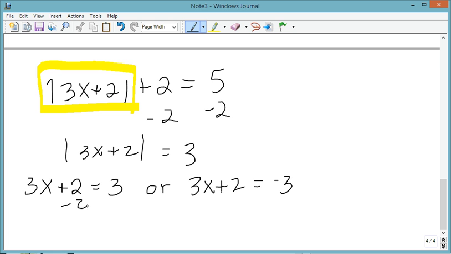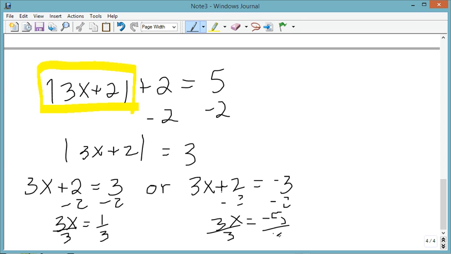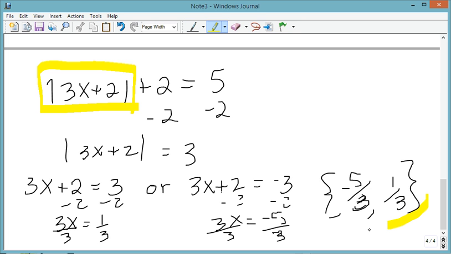Then I can solve. So 1/3 with that one, and negative 5/3. So the set is negative 5/3 and 1/3, and that would be my answer.